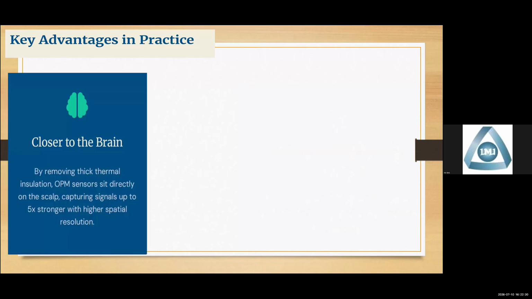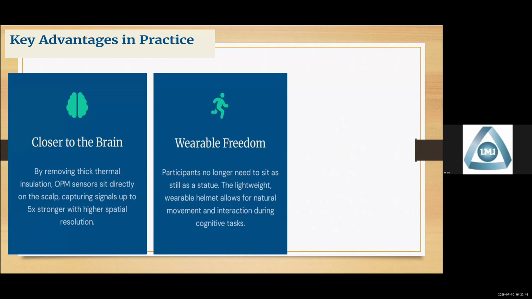Closer to the brain: by removing thick thermal insulation, OPM sensors sit directly on the scalp, capturing signals up to five times stronger with higher spatial resolution. Wearable freedom: participants no longer need to sit as still as a statue.